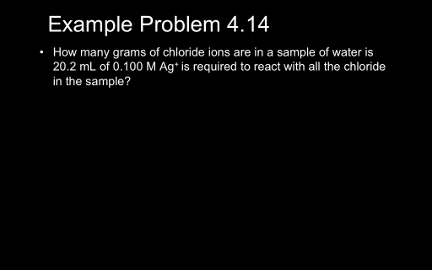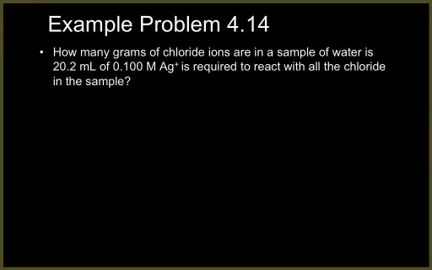All right, so let's look at a couple examples of this one. This one says, how many grams of chloride ions are in a sample of water, if you have 20.2 milliliters of 0.1 molar silver ion required to react with all the chloride in the sample. So this one, because this is a reaction between ions here, we have silver and chloride, and that gives us silver chloride.